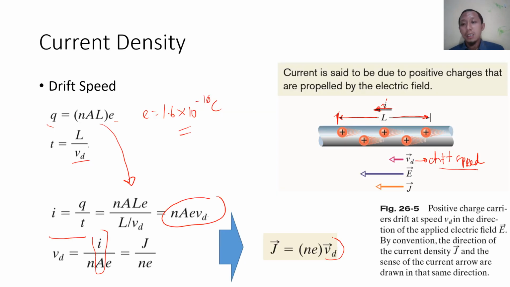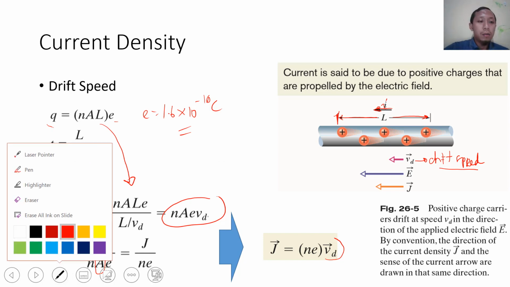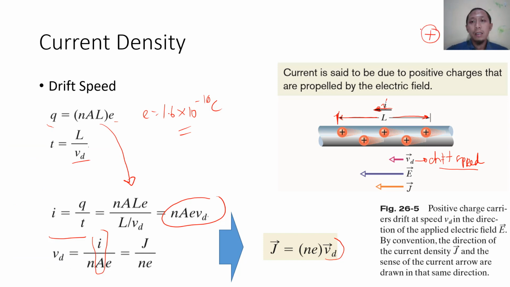And then what is the direction? The direction of the drift speed is equal to the direction of the current, or the direction of the positive charge, and also equal to the direction of the electric field. You know that the direction of the electric field is from the positive charge. If we have the positive charge here and the negative charge here, the direction of the electric field is like this.